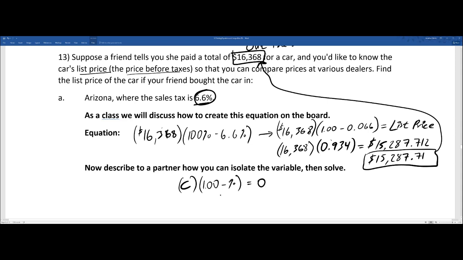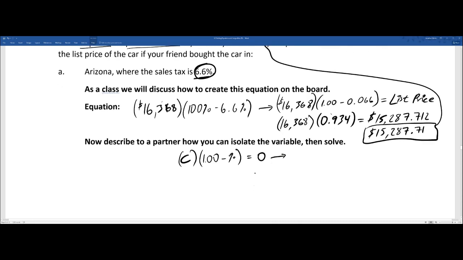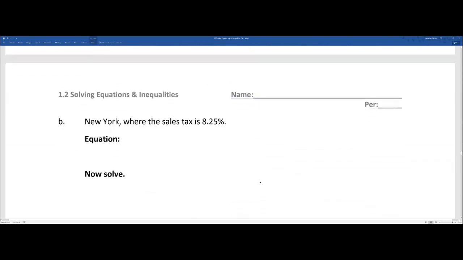Okay. So if you were to isolate for the original or the final cost, you would be looking at something a little different, but we'll talk about that in class.